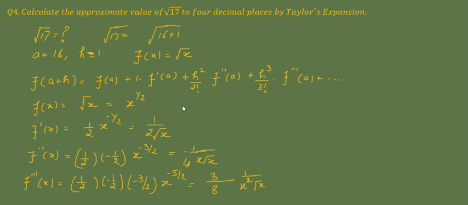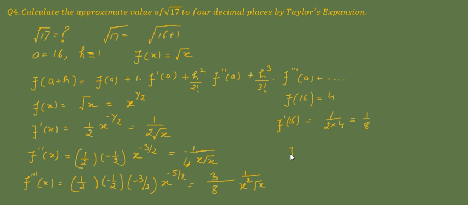Now compute the value of this derivative at a. So a is 16 in this case. So f of 16 will be square root of 16, that is 4. Now the first derivative at 16 will be, put 16 again here, that will be 1 by 2 into root 16 is 4, that is 1 by 8.